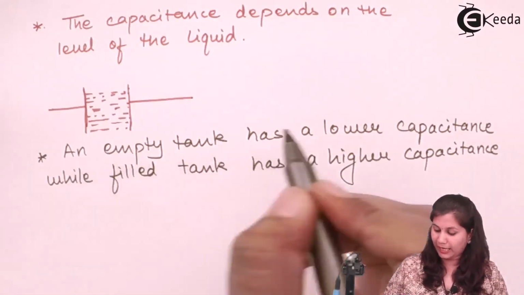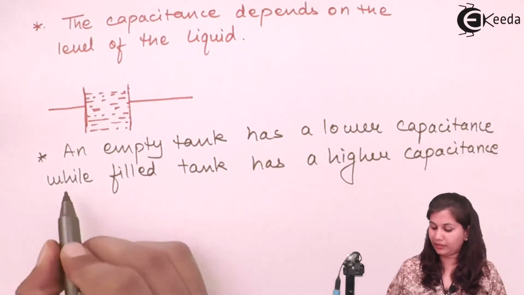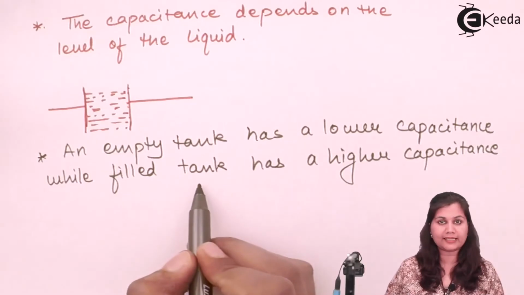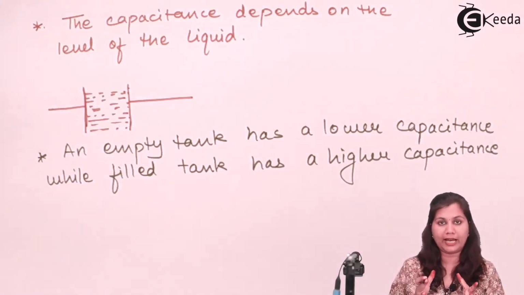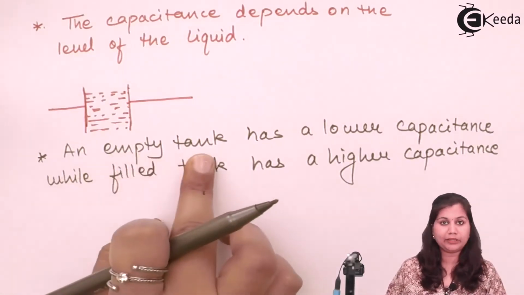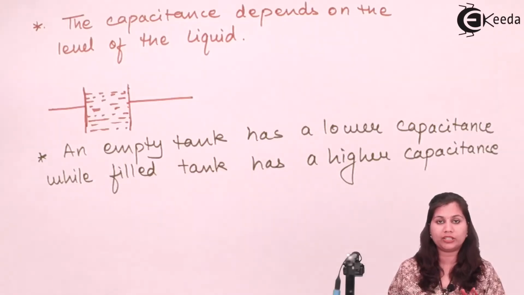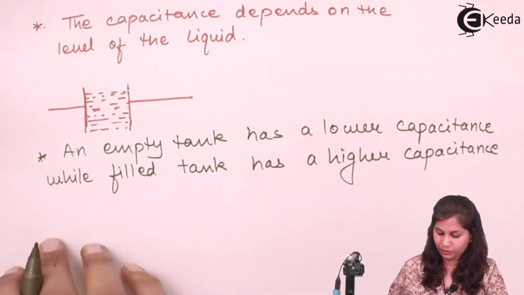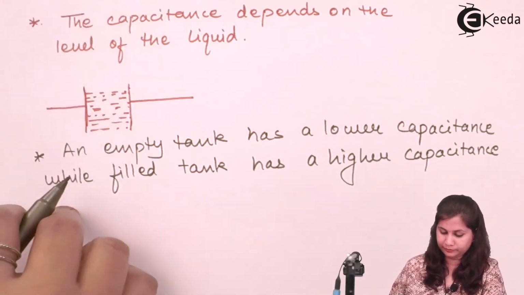An empty tank has a lower capacitance while a filled tank has a higher capacitance, because a filled tank has a high amount of dielectric medium, whereas an empty tank has no dielectric medium, only free space. So that was the working principle of the capacitance level sensors.